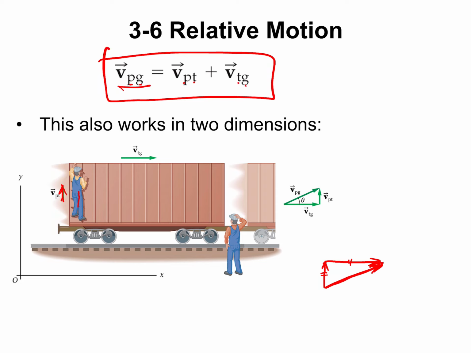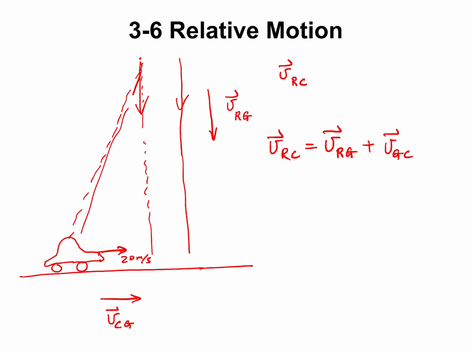You see, person to train, train to ground. Okay, so you have to make a closed loop. Person to ground equals person to train to ground, right? So same thing here. What is the relative velocity of the rain to car, right? Equal to rain to ground plus ground to car.